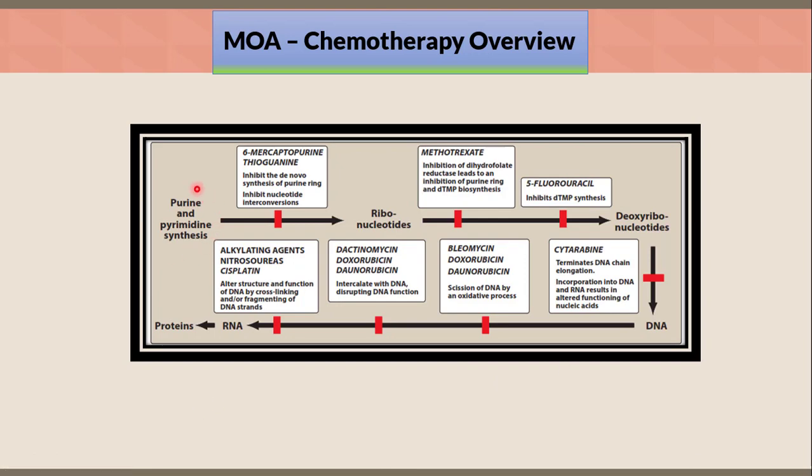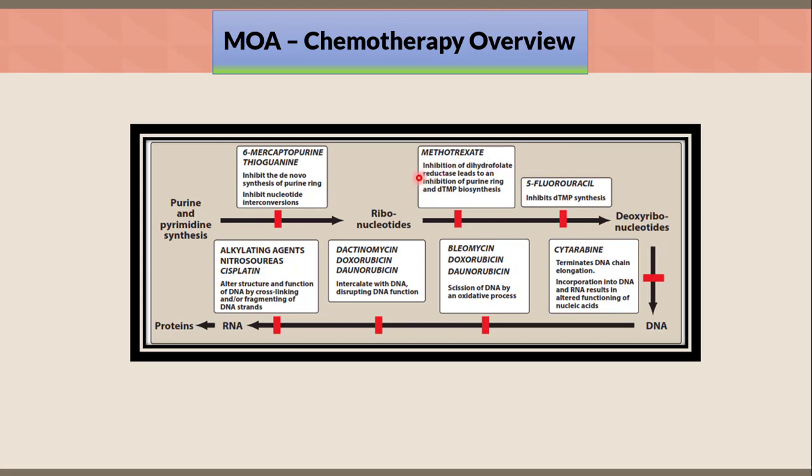As you can see here, this is the purine and pyrimidine synthesis pathway, and here are ribonucleotides, and here deoxyribonucleotides, and here DNA, finally RNA and proteins. 6-mercaptopurine and thioguanine inhibit the de novo synthesis of the purine ring and inhibit nucleotide interconversions.